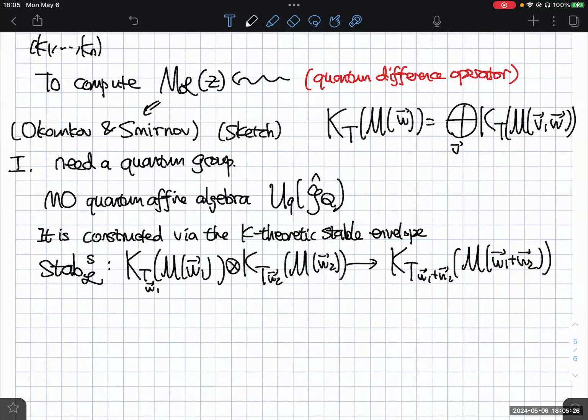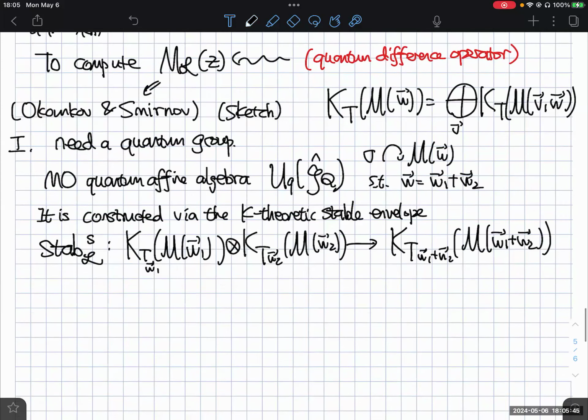And this stable envelope is a map from the equivariant K theory of the fixed points of the torus action on this W, such that this W can be decomposed as W1 times W1 plus W2. So you take these fixed points, and the stable envelope is constructed from the equivariant K theory of the fixed points to the original one.